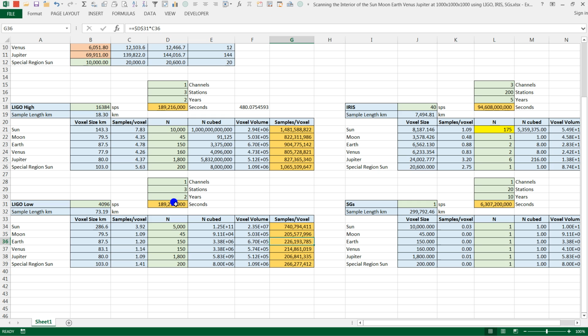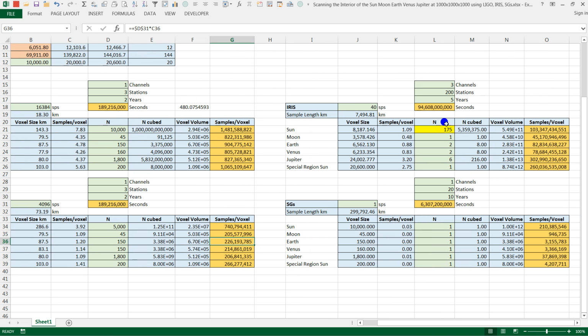You run this, so, let's see. It's kind of hard. I have to try to narrow this down. Let me just walk through what I kind of do know. This is Iris. They've got 3 channels for each of about 200 stations that are able to measure gravity at all.